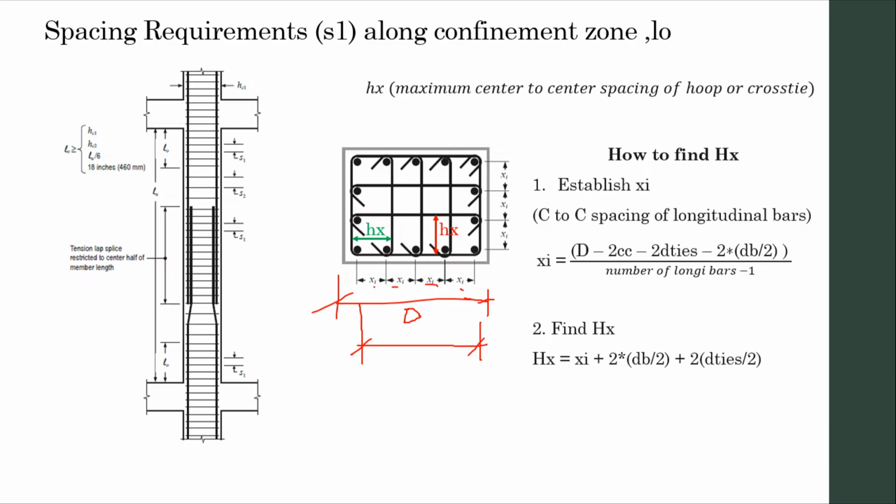So, go here, db over 2, then here, db over 2 also, or one half the longitudinal bars, plus 2 times the diameter of ties over 2, because it is center-to-center spacing. So, center here, then center there. So, you can now establish hx. Right? So, that's it. Establish xi, then the center-to-center spacing of longitudinal bars, then go straight to hx.